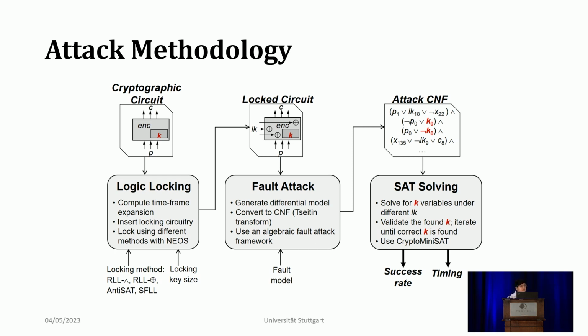The secret cryptographic key K, which is shown in red in this figure, is the target of the attack, not to be confused with the logic locking key LK. We want to extract the secret cryptographic key, and we are not trying to attack the logic locking schemes. So we take this cryptographic circuit and unroll it into a one-cycle implementation using time frame expansion.